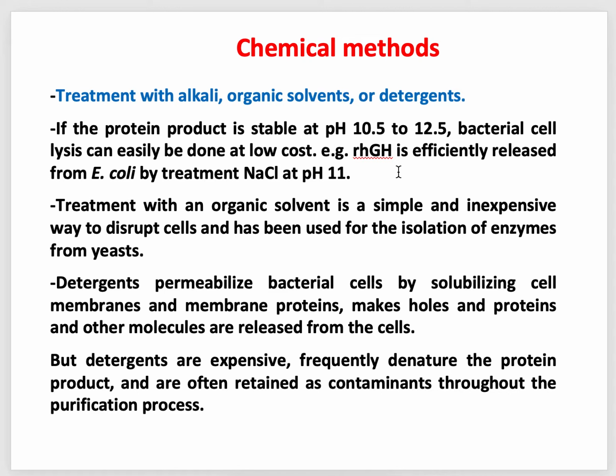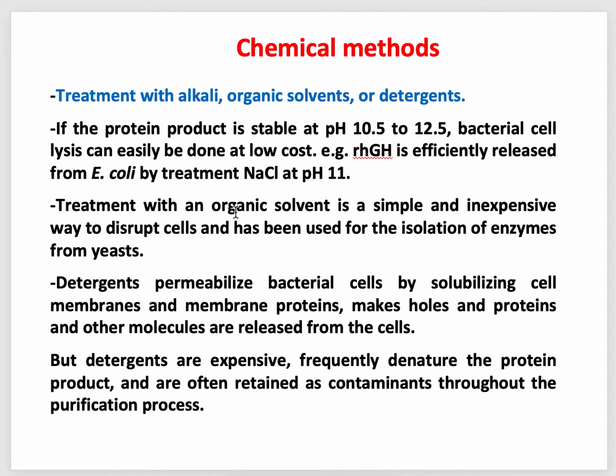Okay, I mean, this product rhGH is stable at high pH, and if our cells are treated at this pH, the cells get easily lysed and release their intracellular product. Now, that was about using the salt.